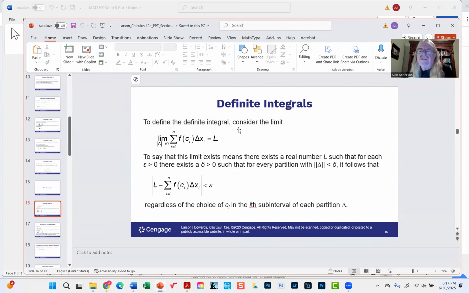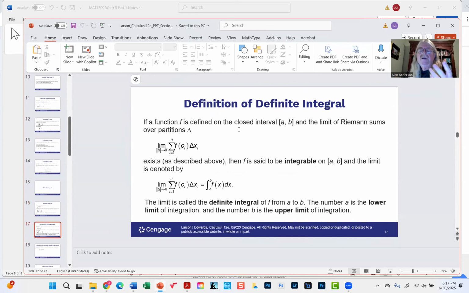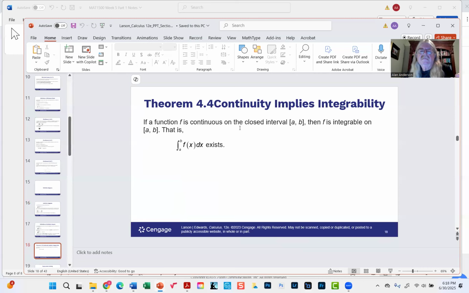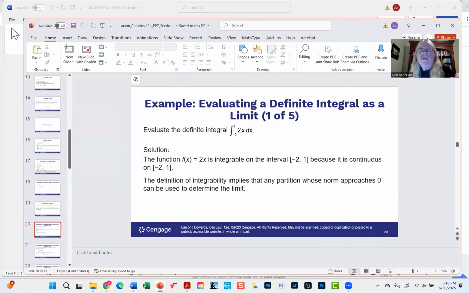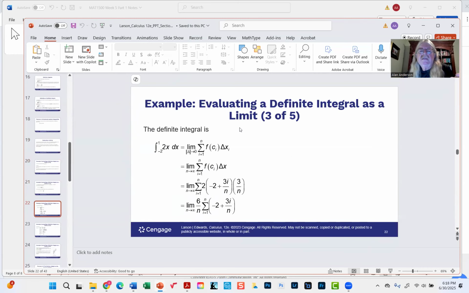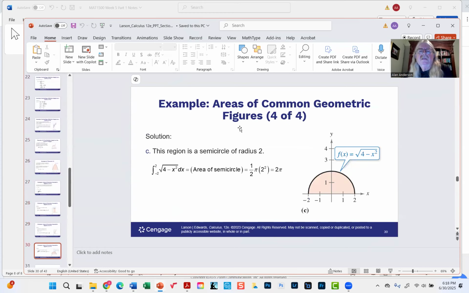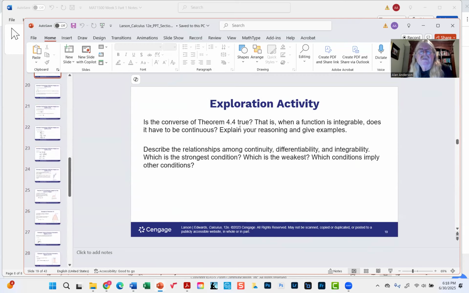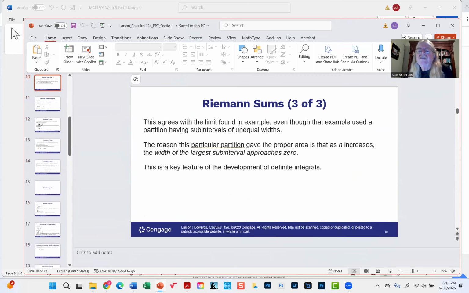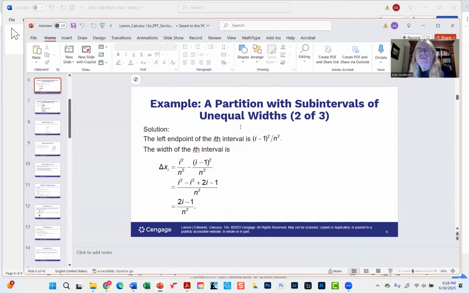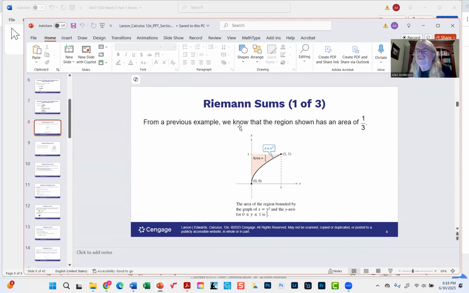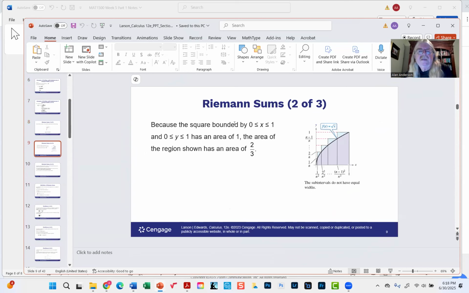Then they're building up to the definition of definite integrals. They'll give us some examples, but they're basically extending the definitions we just saw a little bit further, and then introducing the concept of the definite integral.